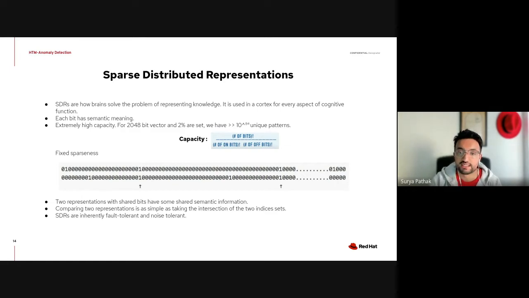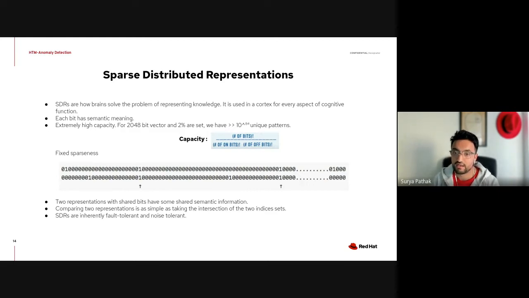Now each bit has a semantic meaning, meaning if we have two sparse distributed representations as shown over here, and we see there is some overlap in these representations, like over here, the more the overlap, the more similar is the meaning of these representations.